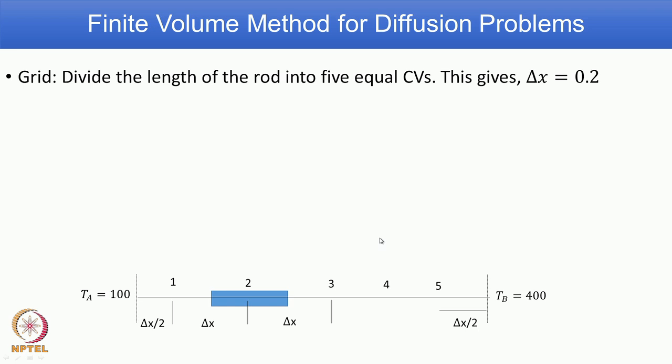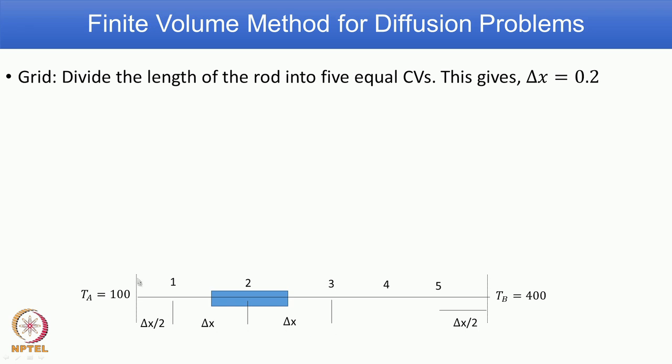We said okay, we will divide the region into 5 equal control volumes. So, we have 1, 2, 3, 4, 5, and we understood all the distances: node 2 to node 1, node 2 to node 3, because it is equal spacing, is referred to as delta x for all the nodes in between.